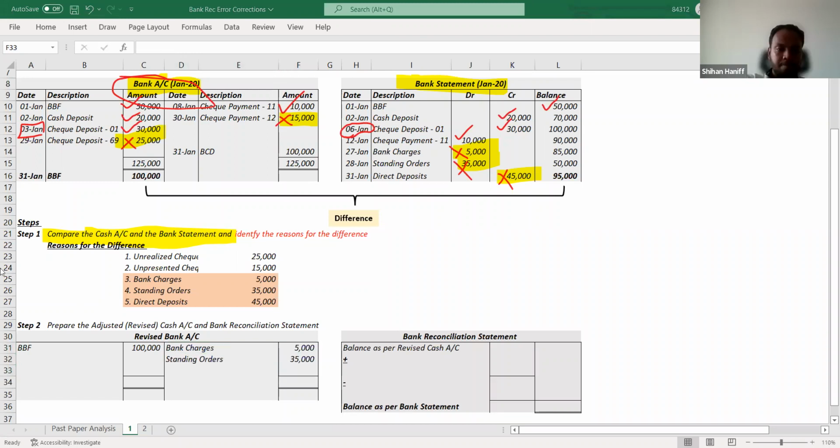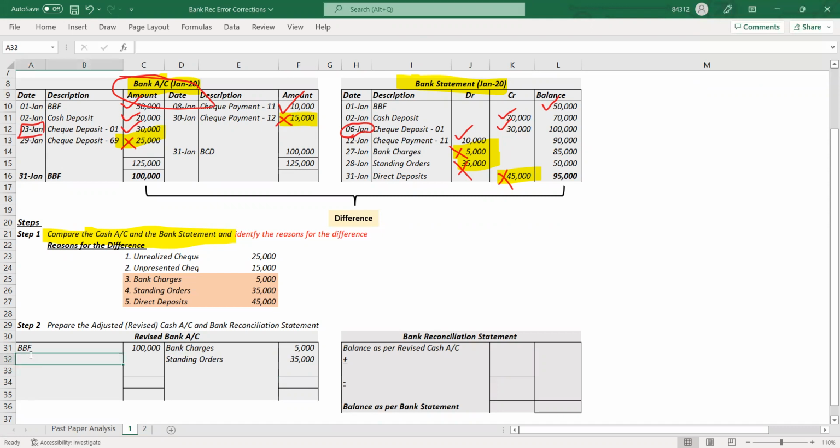Then there is a deposit. It's a receipt. And you'll find the closing balance. How much is the balance brought forward?